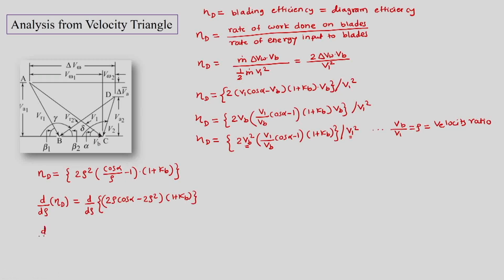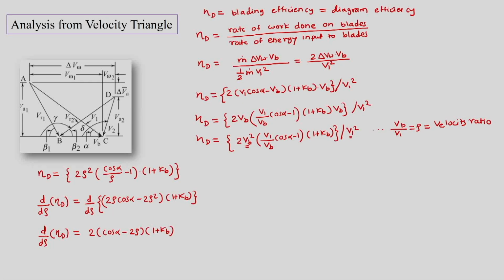Then differentiating, d by d rho of diagram efficiency is equal to 2 into (cos alpha minus 2 rho) into (1 plus KB).